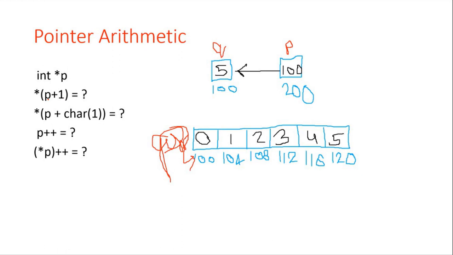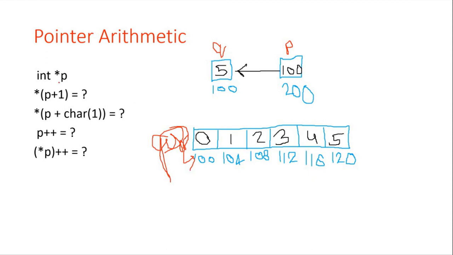P plus 1 means we are increasing the address by 1, but note that I have taken the addresses 100, 104, 108, 112, 116, 120. It will increase the address by 1, but what is the size of 1?